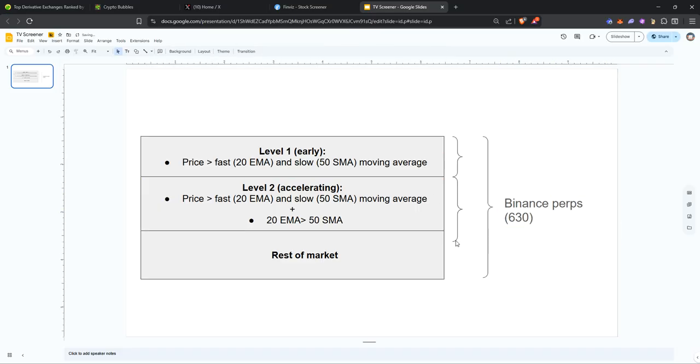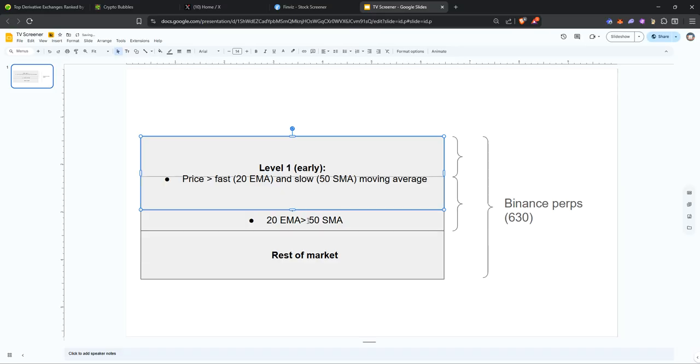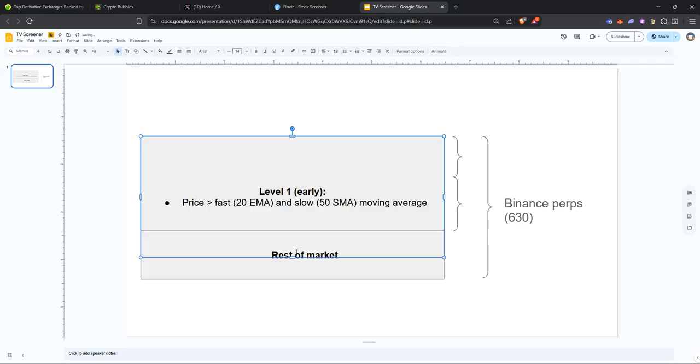So you want to see how much percent of the total the level one coins represent. Hypothetically, let's say we look at level one, and it represents, let's say, the majority of all Binance perps.